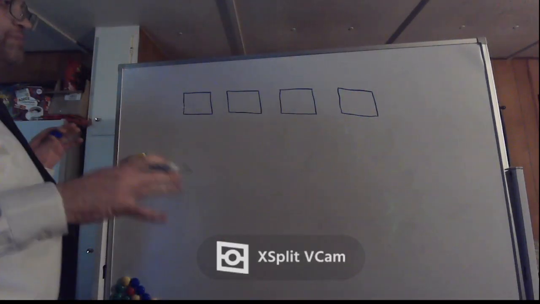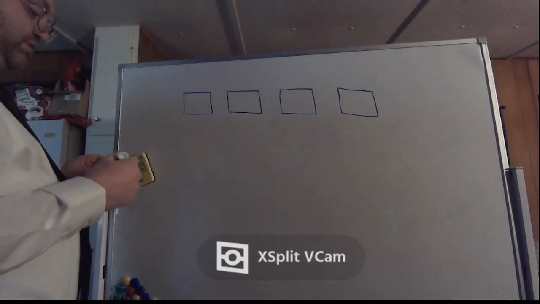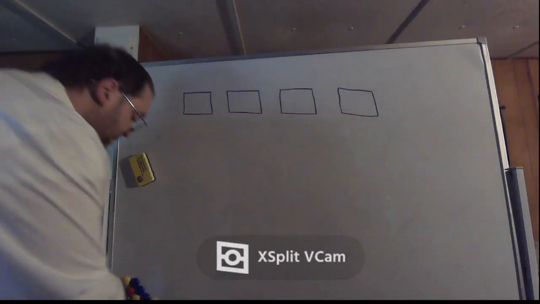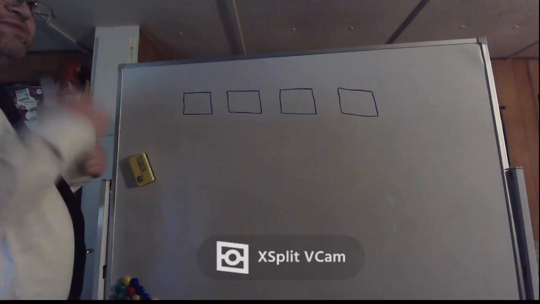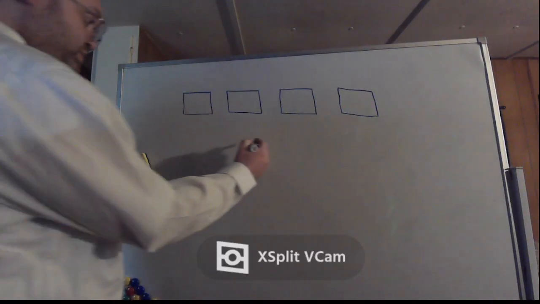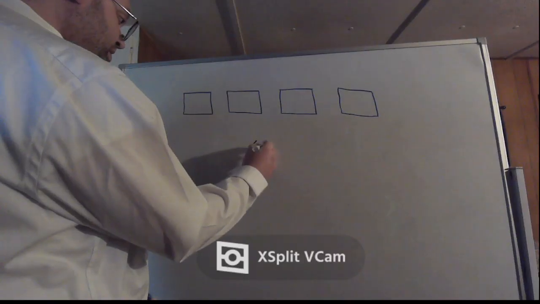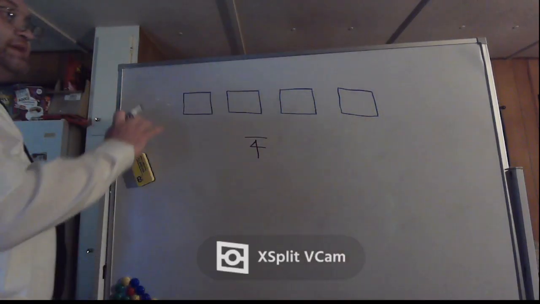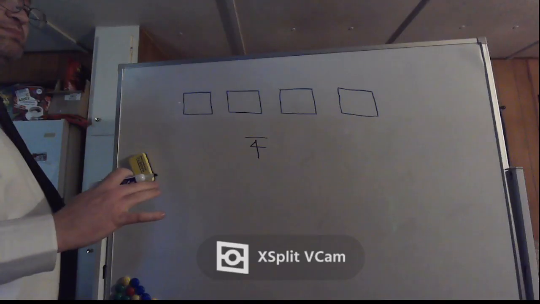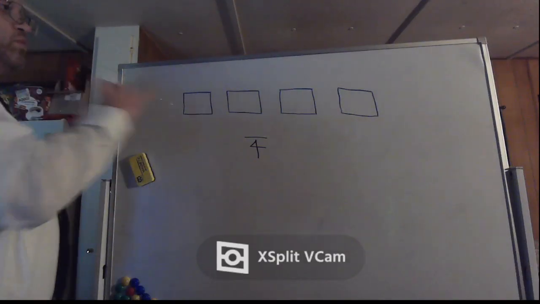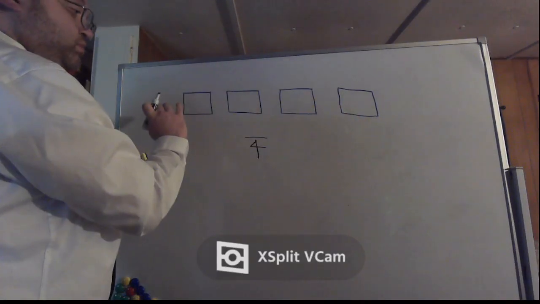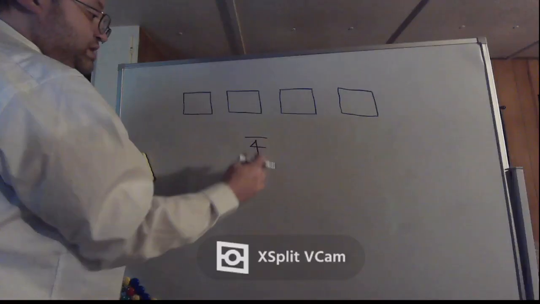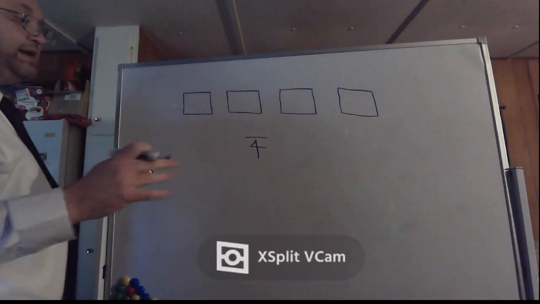I know they're probably not perfect squares, but let's just argue they're squares. How many squares do I have total? I have 4 squares. So my 4 is going to go in the denominator. That's how many pieces the whole set of squares is split into. I have one set of 4 squares, so the 4 is in the denominator.